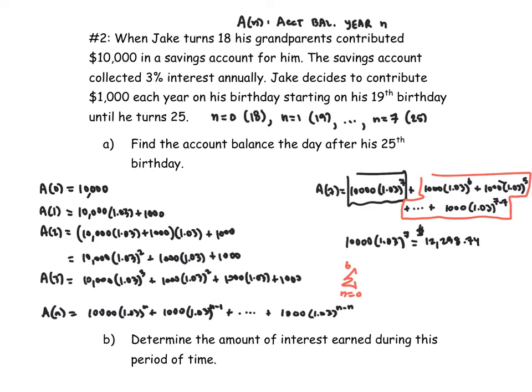Now you can pause the video right now and determine how you'd write the sequence on the inside, but I would go 1,000 times 1.03 to the nth power. So if I plugged in a 0 to start, I would get this term, plus, plug in a 1, you get the next term, plug in a 2, you get the next term.